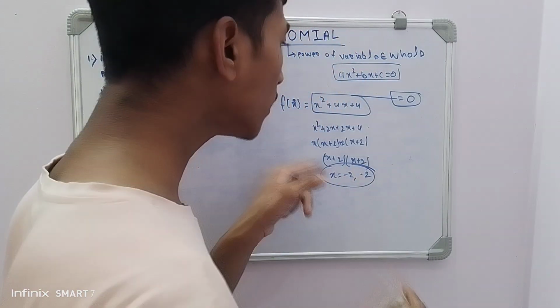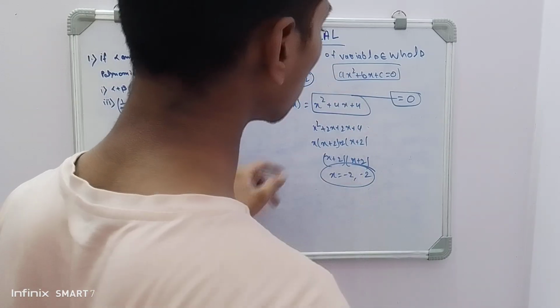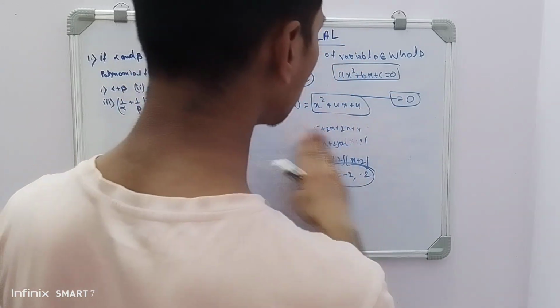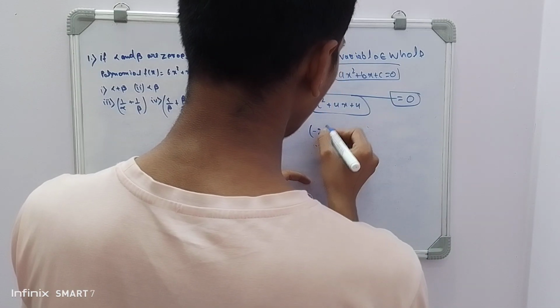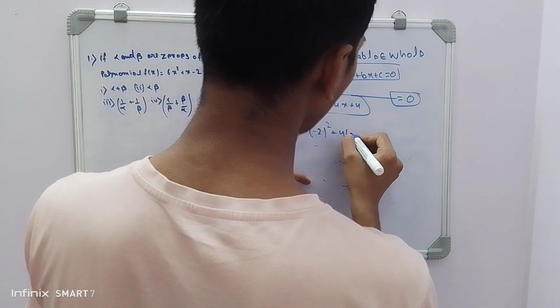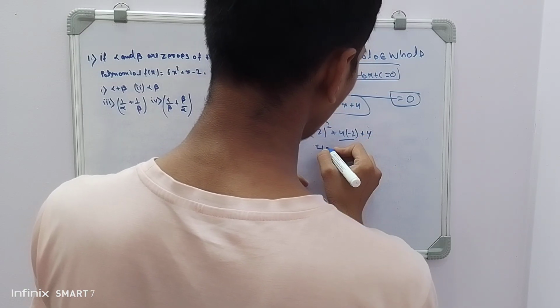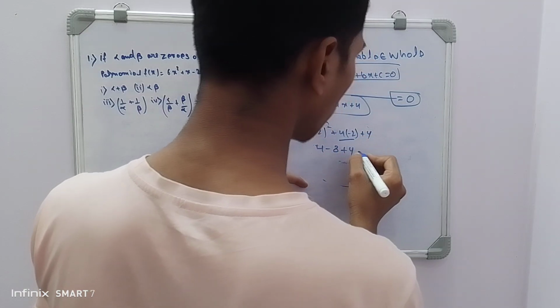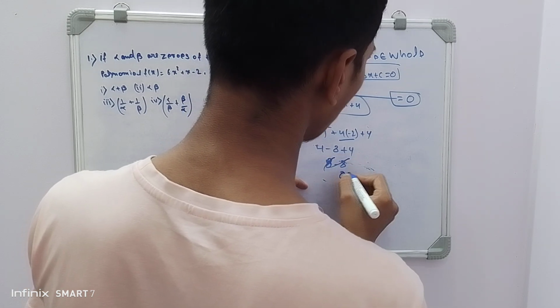So when you put the value minus 2 here, this side is going to be equal to 0. Let's put it in. We have x square, that means minus 2 square plus 4 into minus 2 plus 4. So it is going to be plus 4, and this is going to be minus 8, and this is going to be plus 4, and plus 8 minus 8 is equal to 0, as we know.